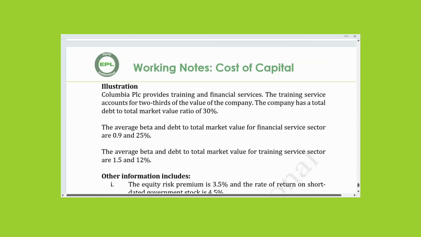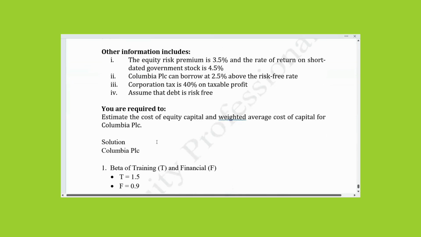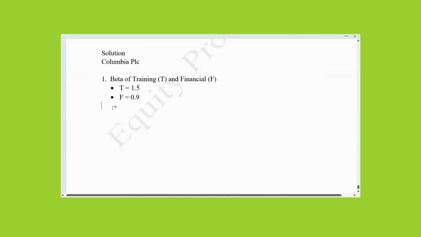Of course they have debt. That's what the examiner told you, that debt to total market value for training services is 12%. So the debt equity proportion of training services is 12%. Then the debt equity proportion of financial services is 25%. So it means that this beta of 1.5 and 0.9 is geared. If it is geared, then we need to ungear it.